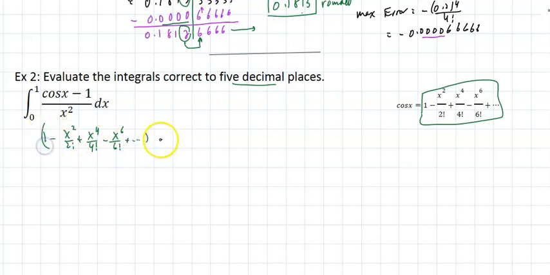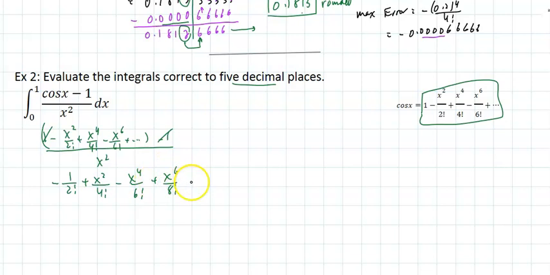That's infinite. Minus 1, all divided by x squared. Well, this one and that one cancel out. And if I divide those, I'll get negative 1 over 2 factorial plus x squared over 4 factorial minus x to the 4 over 6 factorial plus x to the 6 over 8 factorial, and the list goes on.